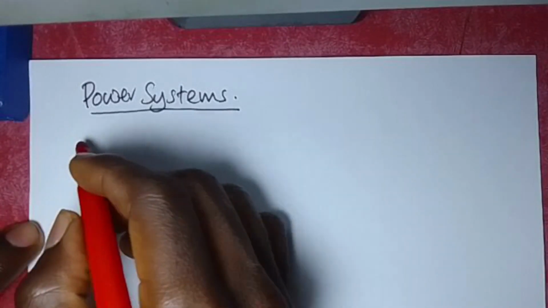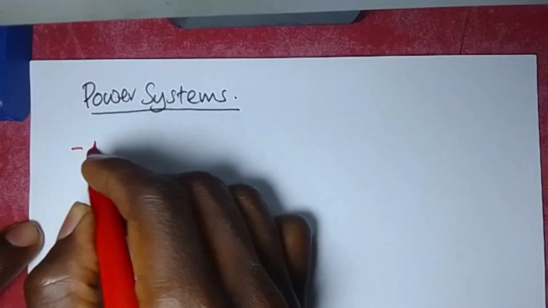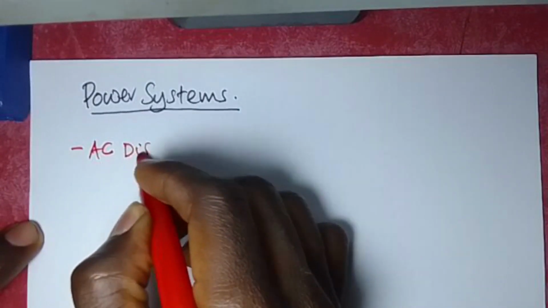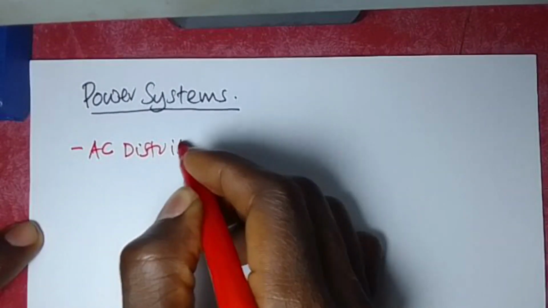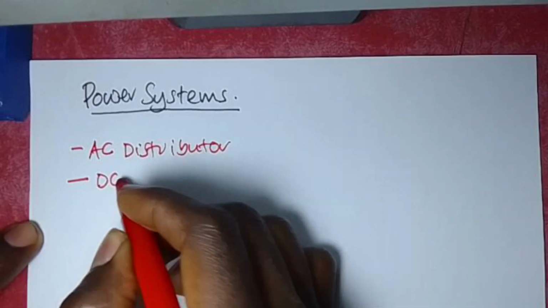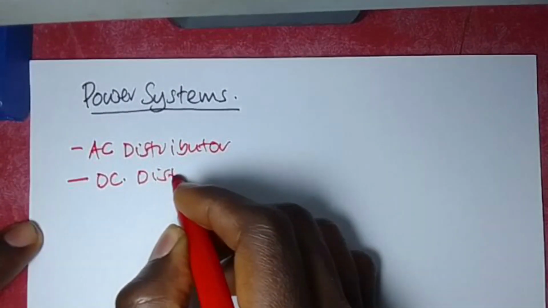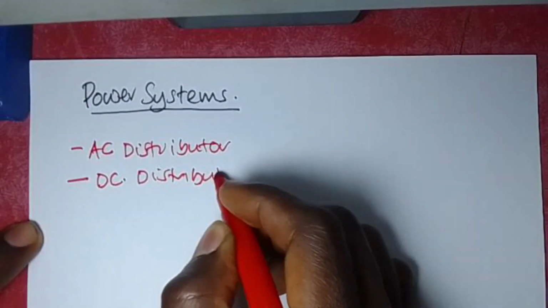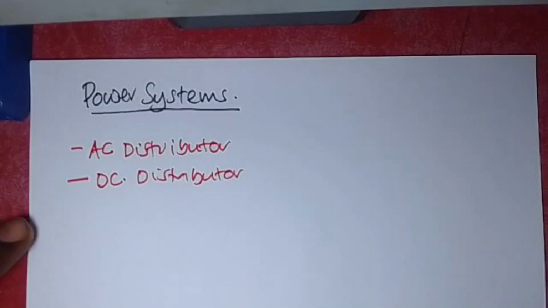The first one being what we call the AC distributor, and the second one being what we call the DC distributor. These are the only two that we have.